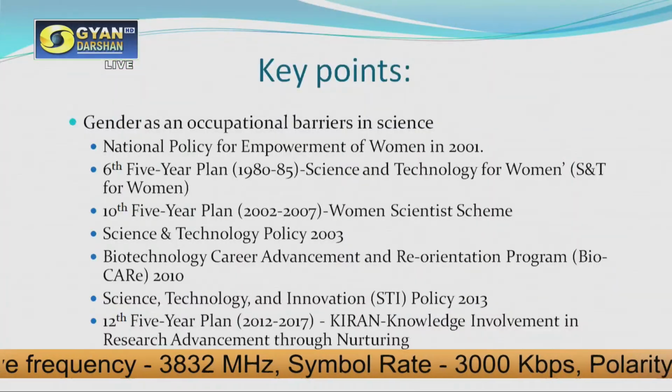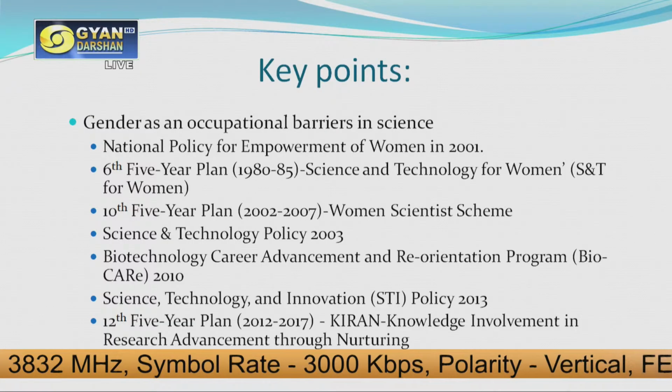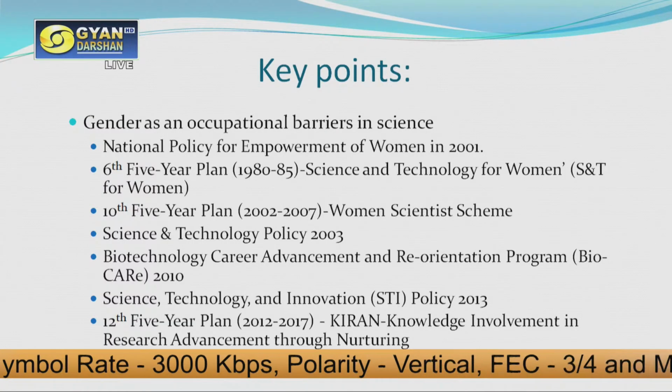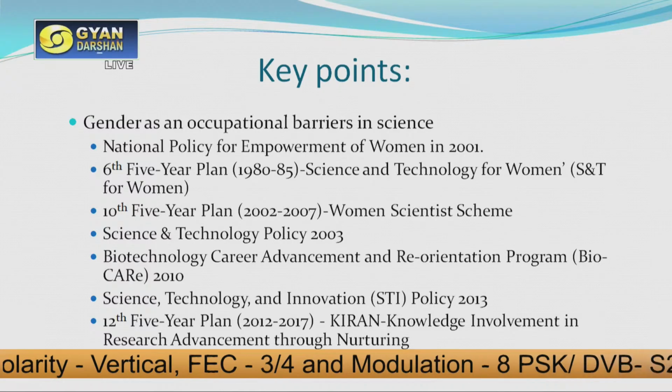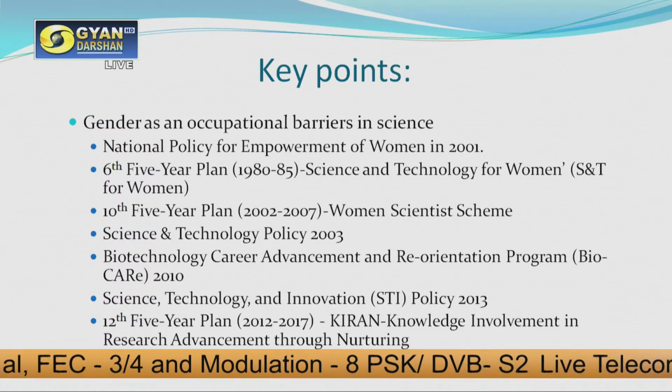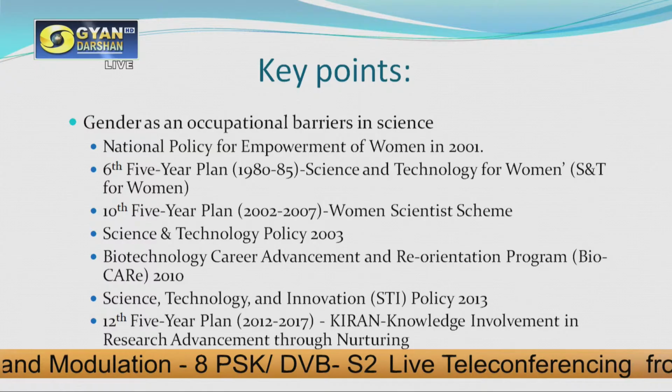And now it is more with regard to policies, and with regard to data, international data as well as data from India. So you could understand how gender is seen as an occupational barrier in different occupations, and certainly it is seen as an occupational barrier primarily when we are pursuing our science career.